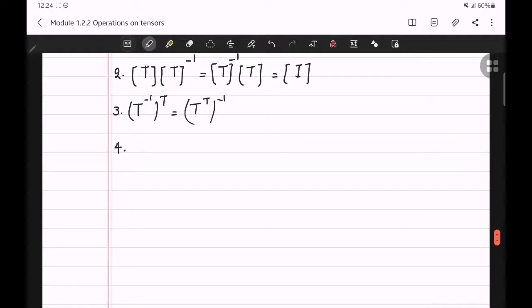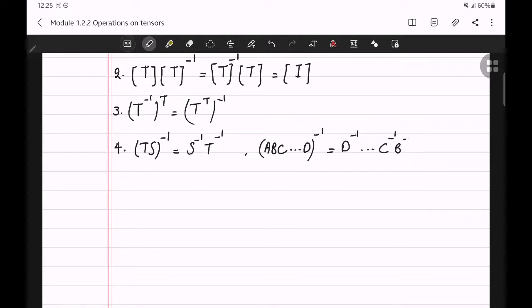Here it says that the inverse of the product of two tensors TS is similar to the transpose rule: S inverse T inverse. So if you have a series A, B, C, D, the inverse is D inverse, then the rest, C inverse, B inverse, and A inverse.